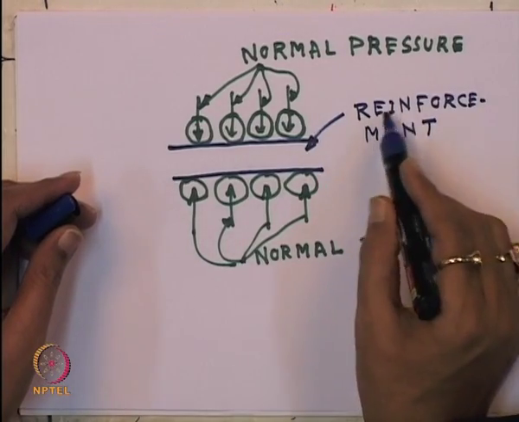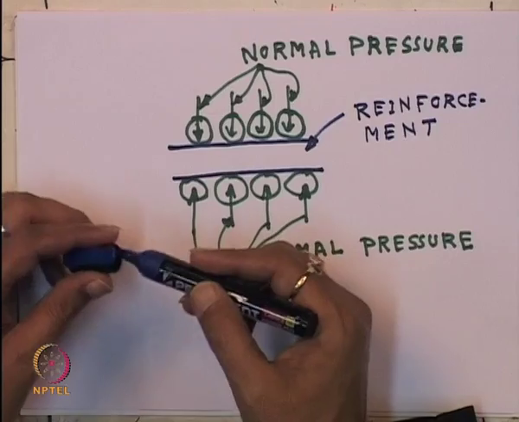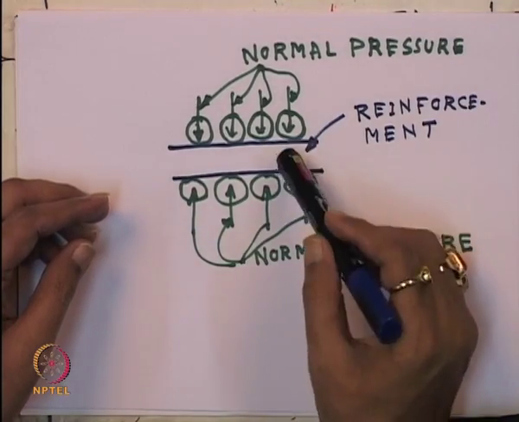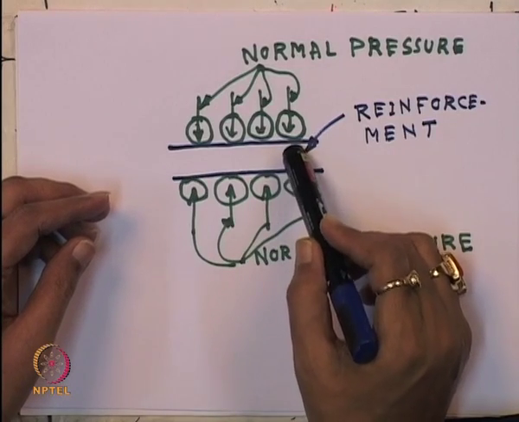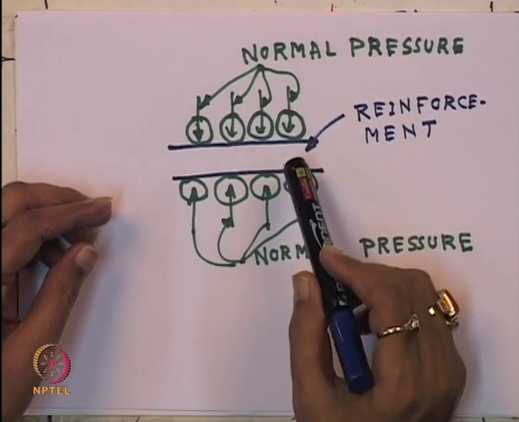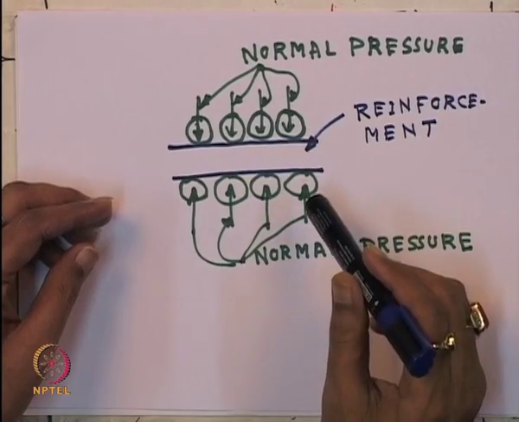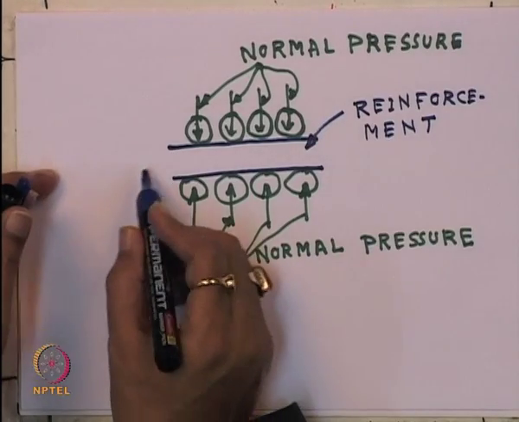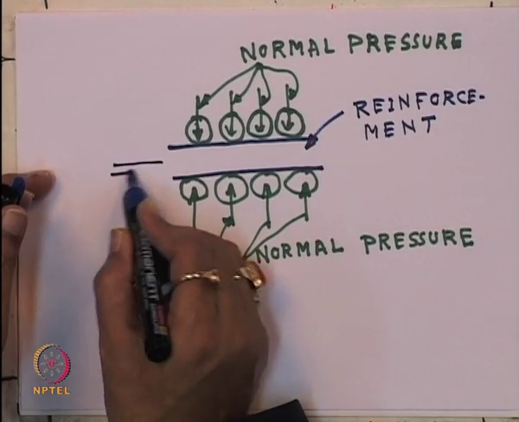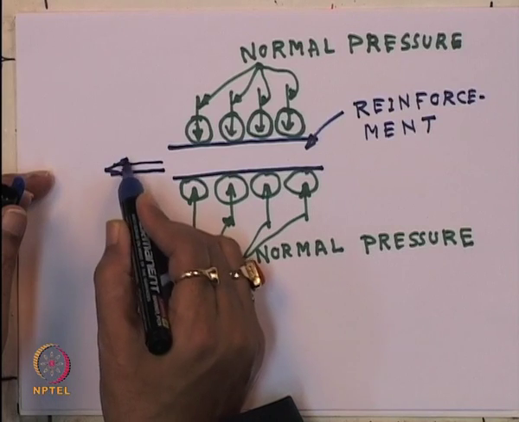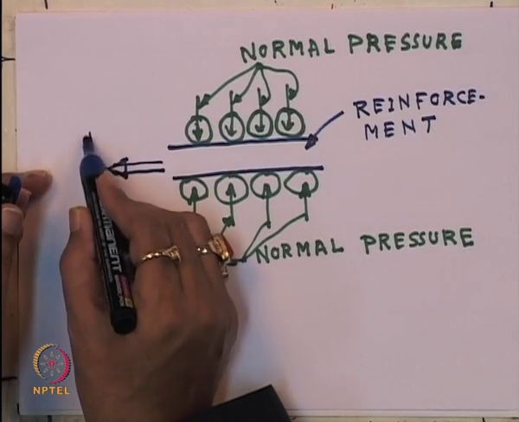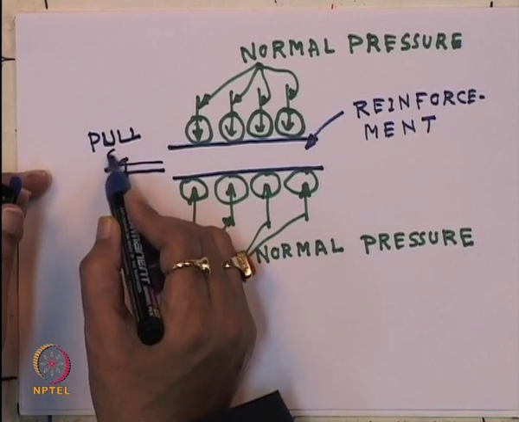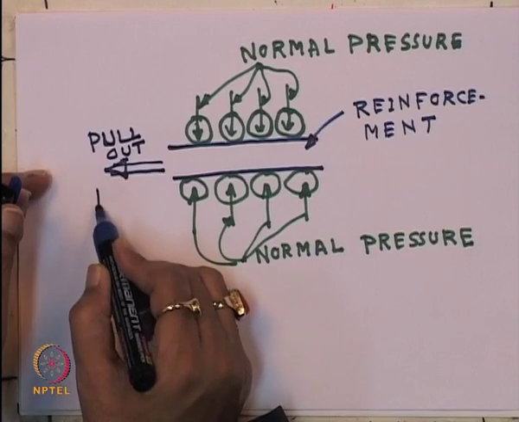This reinforcement may be steel strip, or it may be the polymer fabric, or it may be the paraweb, or it may be any plastic strip. And then you pull it out. This is pullout force.